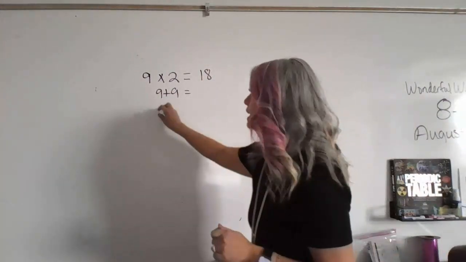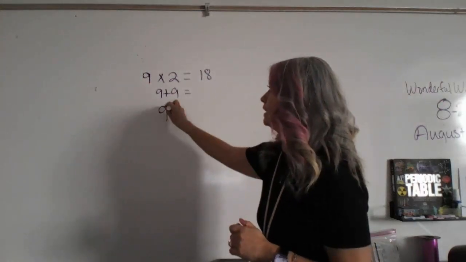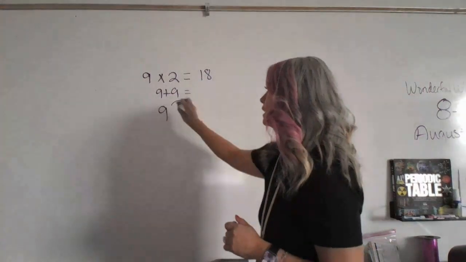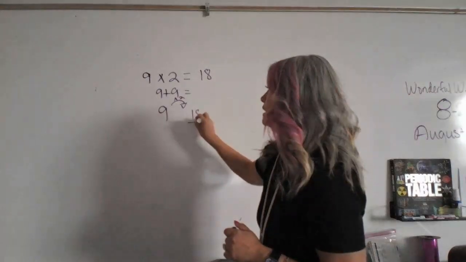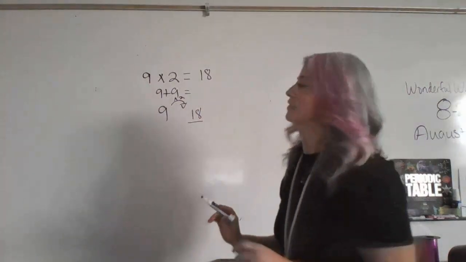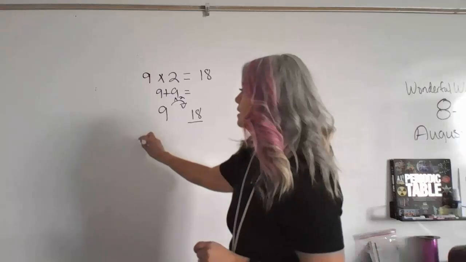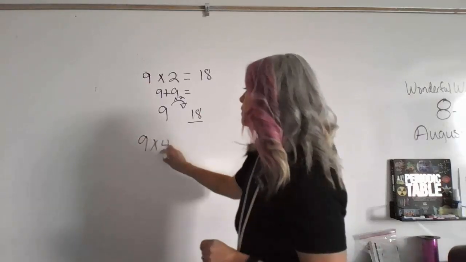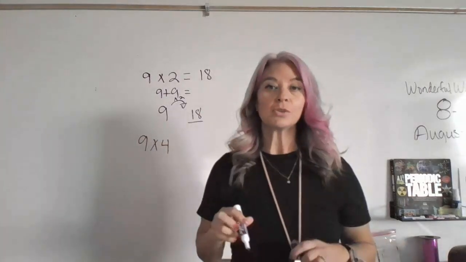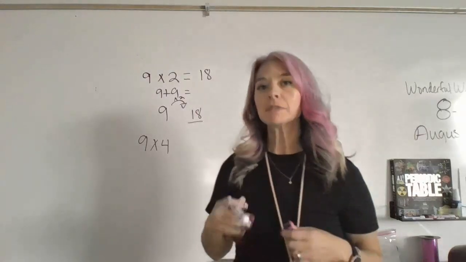You might see your child practicing it like this: 9, and they double it to 18. Easy stuff. Now if I have the multiplication fact of 9 times 4, I'm going to use a strategy called double-double.